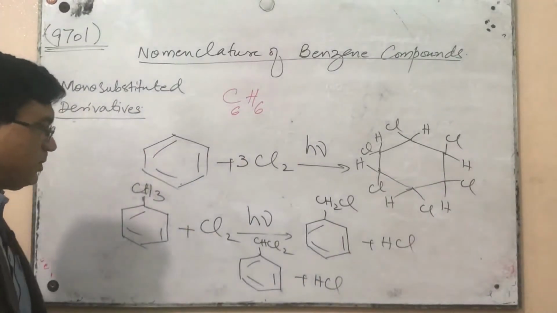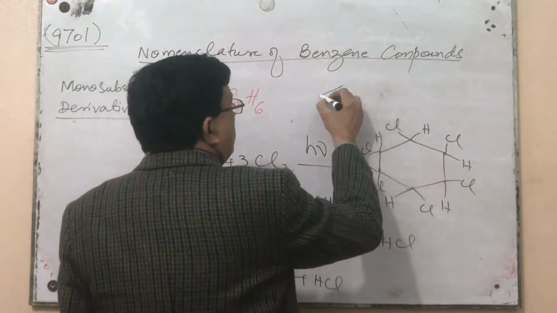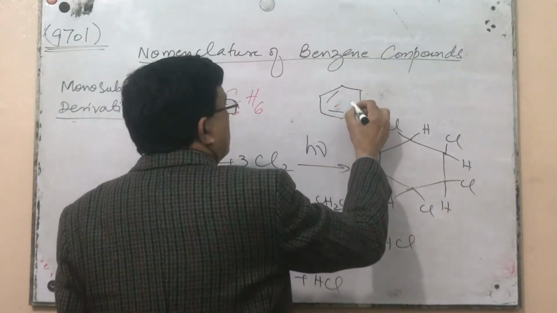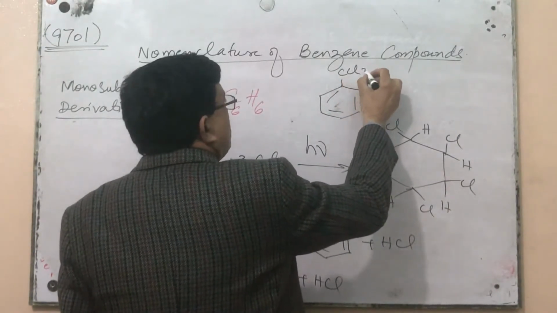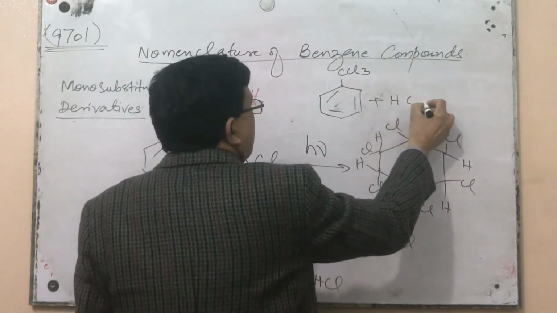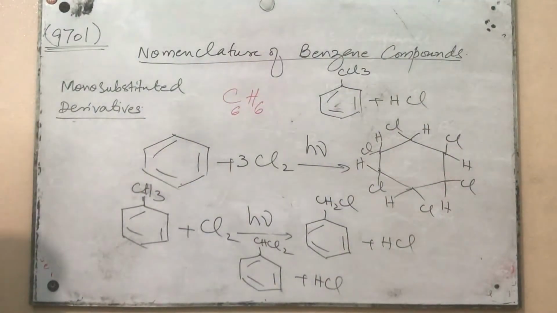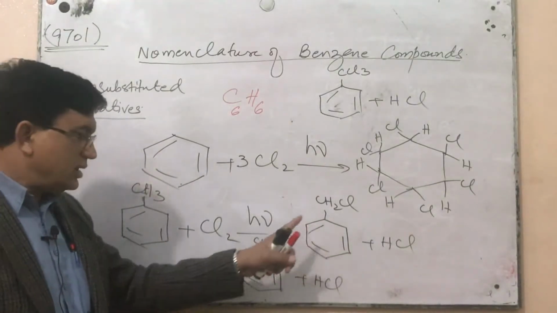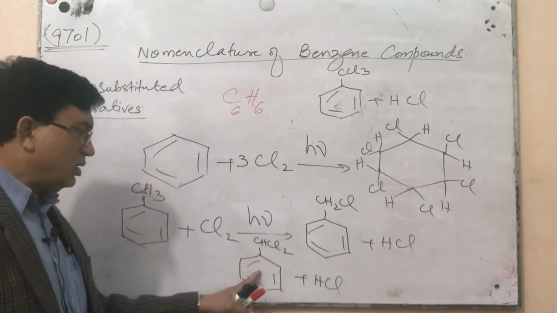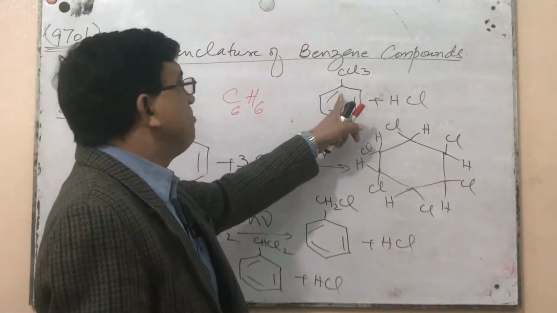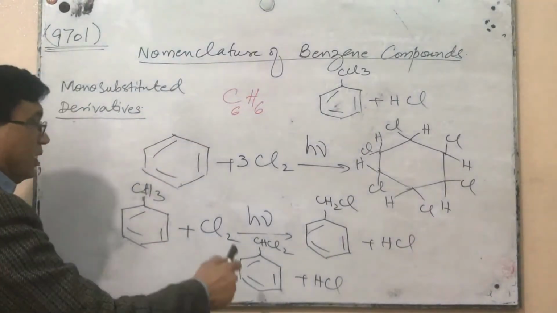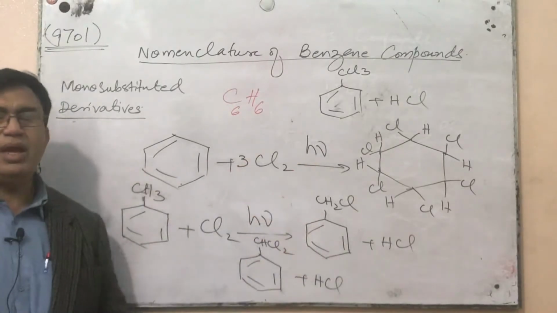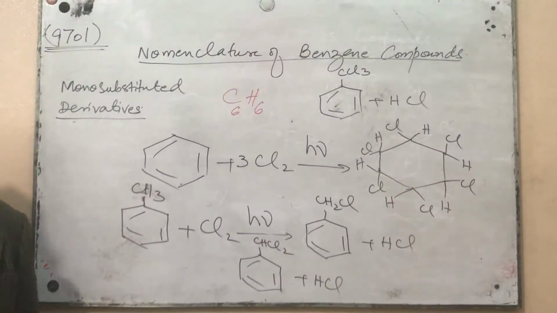And if this process still continues, we will get this product, CCl3, plus HCl. This is called benzyl chloride, benzal chloride, and benzotrichloride. It means that whenever we change the condition, the mechanism and product of the reaction will change.